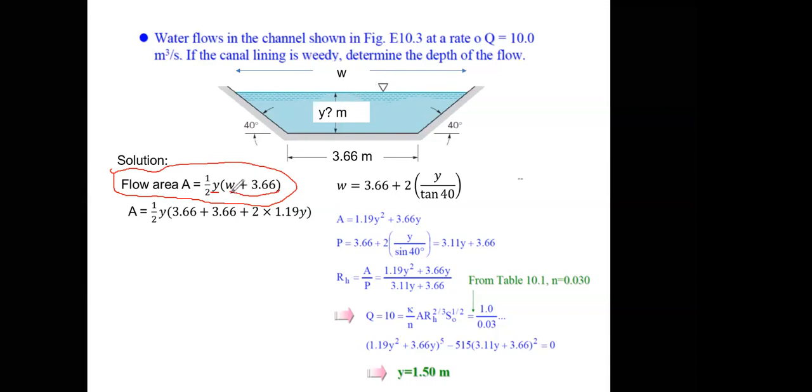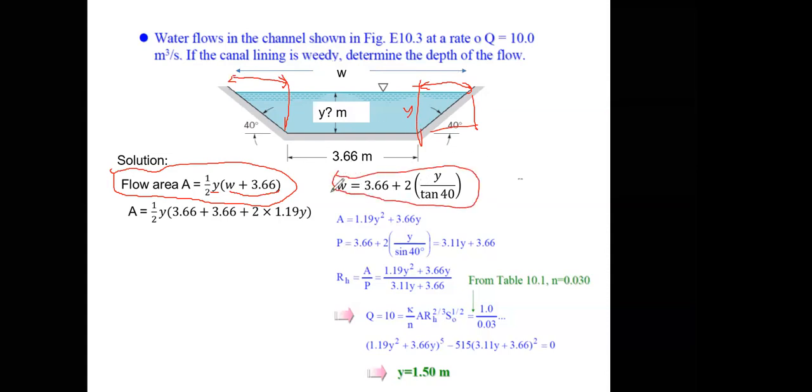We don't know what W is, but we can derive that W is equal to 3.66, this base, plus 2 times this part. This is 3.66, but this one is equal to y over tangent 40. We can get that from trigonometry, since we know the y over here. Y over tangent 40 is this part. You multiply by 2, you add the base, you have this W over here.